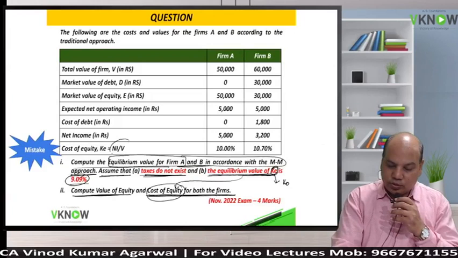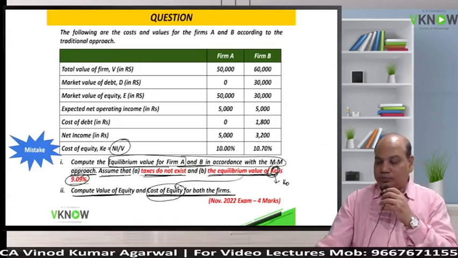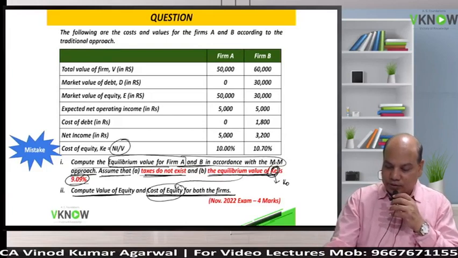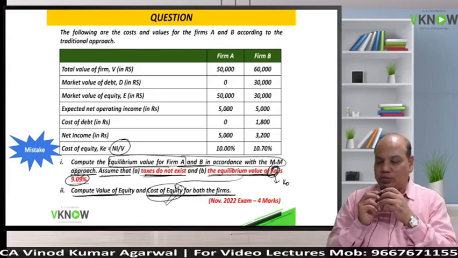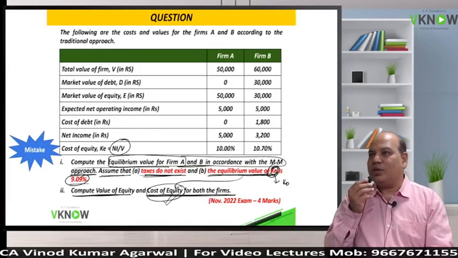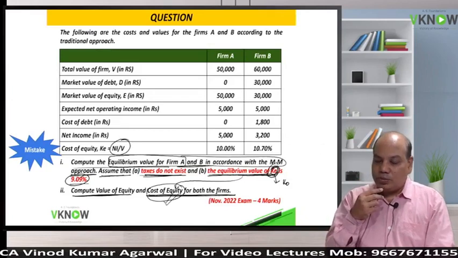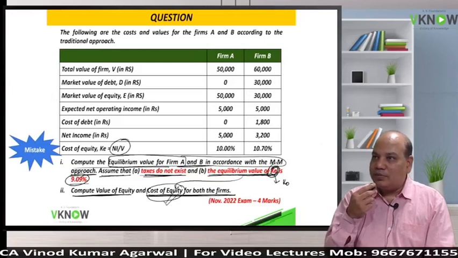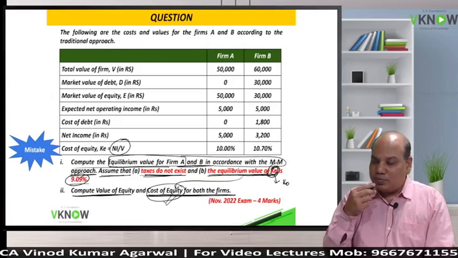Is it right? So we will write few notes about this question. First is this is one small mistake here. Second, this should have been KO, because if it is KE here, then there is no need to ask this question. Find out the cost of equity for both the firms. The two firms can have same KO, but they cannot have same KE because firm A is not using debt and firm B is using debt.